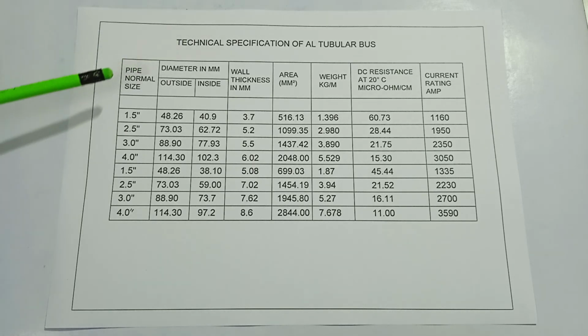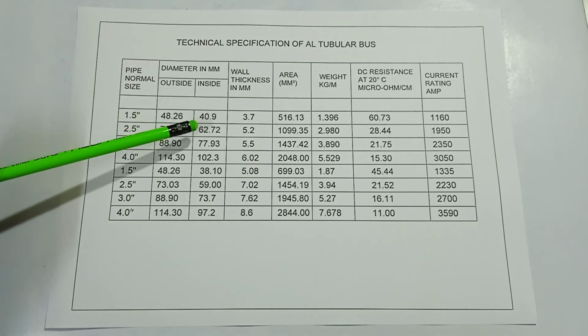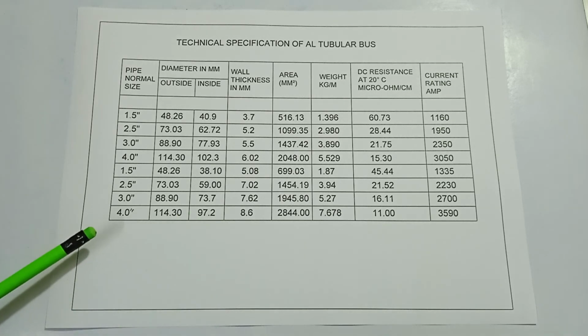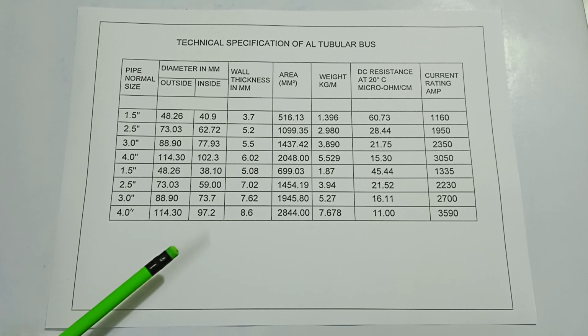Diameter in millimeter, outside 48.26 and inside 40.9, again 73.03 and inside 62.72, and again 88.90 and inside 77.93, for 4 inch 114.30 mm and inside 102.3 mm. 1.5 inch again 48.26 mm and 38.10 mm, 2.5 inch 73.03 mm and 59 mm, for 3 inch 88.90 and 73.7 mm, 4 inch 114.30 mm and 97.2 mm.